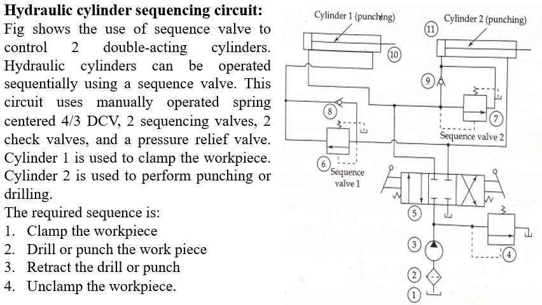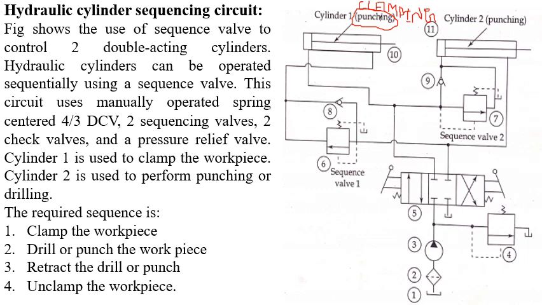And cylinder 1 is for clamping, it is not punching, it is clamping. Make a correction, here it is clamping or holding. Here there are 4 operations carried out.